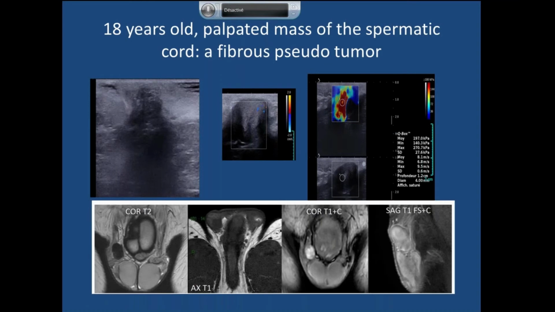He palpated himself a mass of the spermatic cord, and it is the stiffest extratesticular lesion I have ever seen, about 200 kilopascal. And we assessed the diagnosis of fibrous pseudotumor, and the patient had surgery with preservation of the spermatic cord.